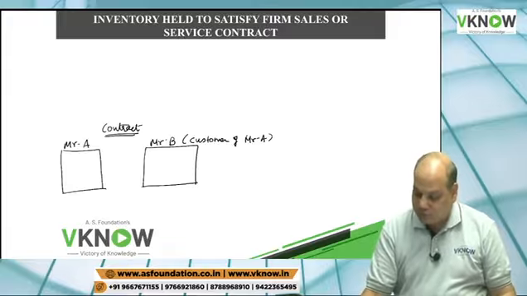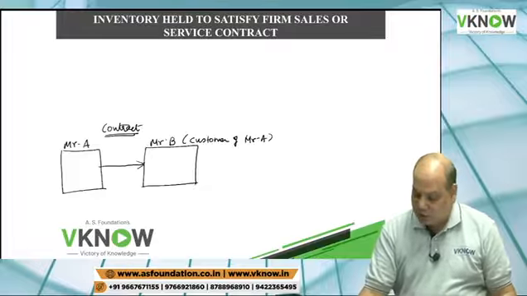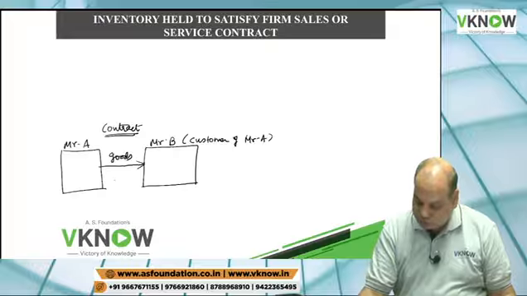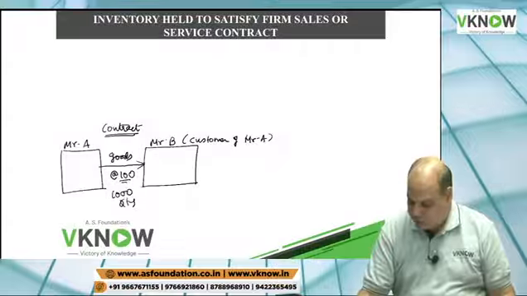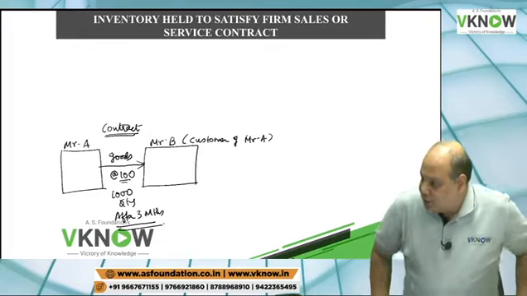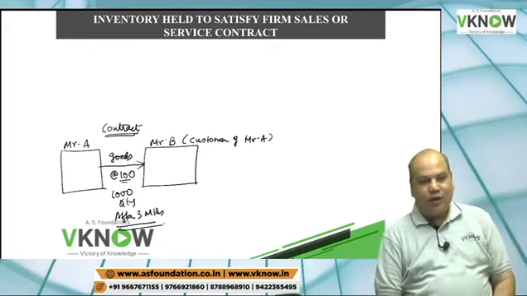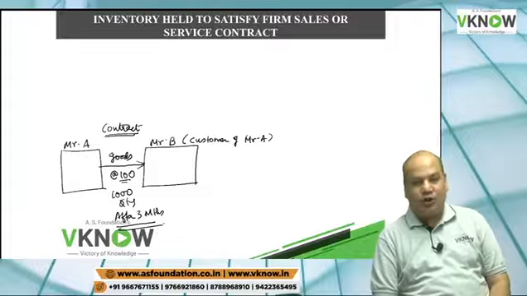What is the contract? A will supply to B goods at rupees 100, 1000 quantity, after 3 months.